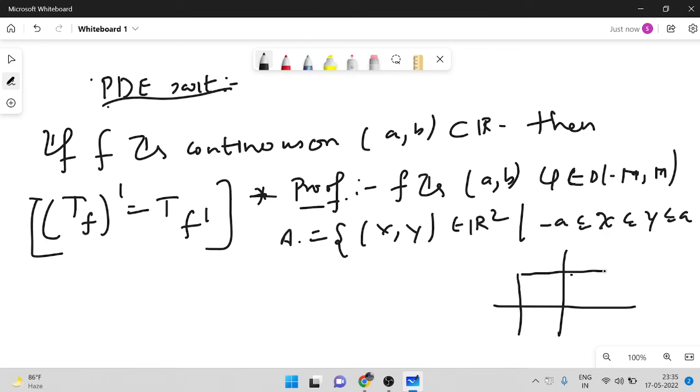Basically this square. This is the area of that.